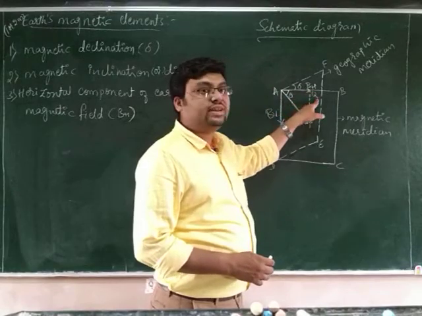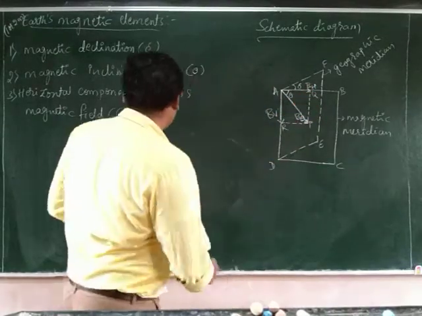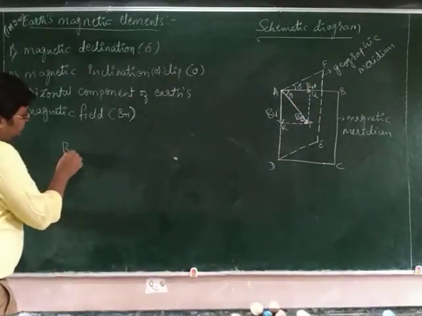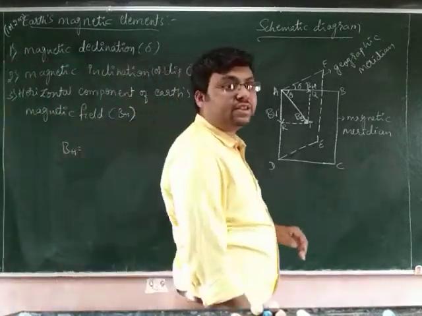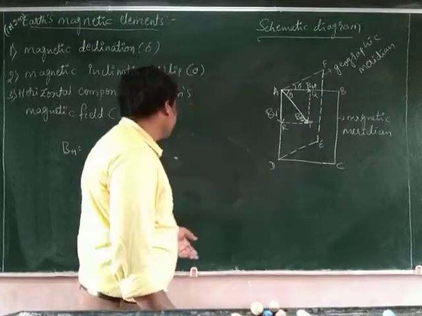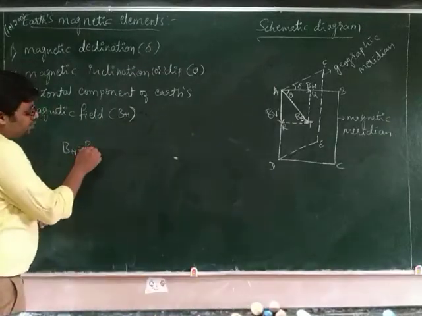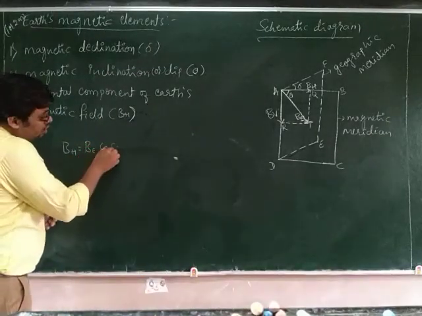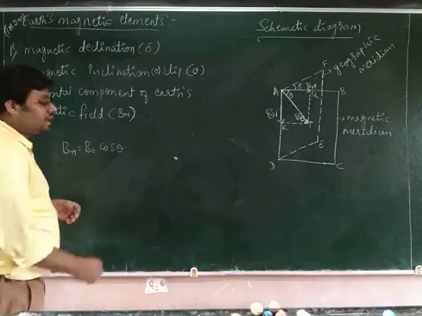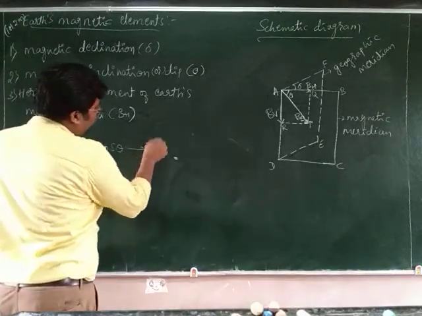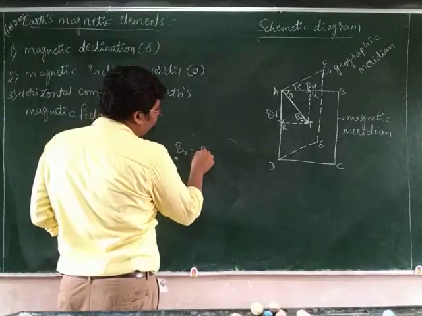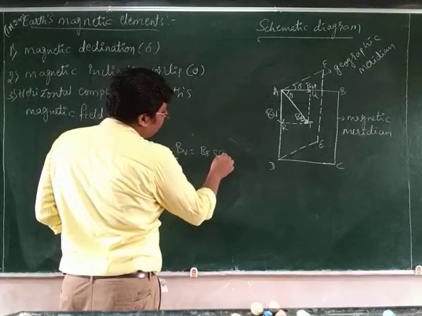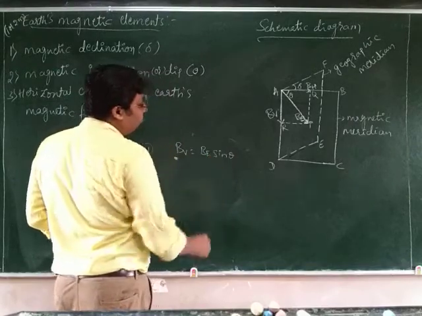AQ, that is BH, is Earth's horizontal magnetic field. How can we write Earth's horizontal magnetic field BH in terms of BE? BH is equal to BE cos theta, equation number 1. How can we write the vertical component? BV is equal to BE sin theta.